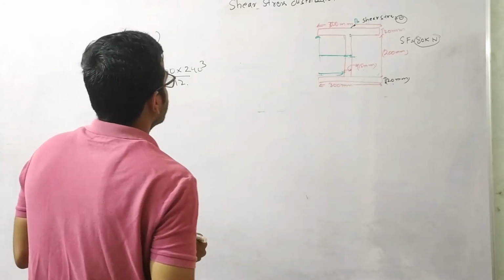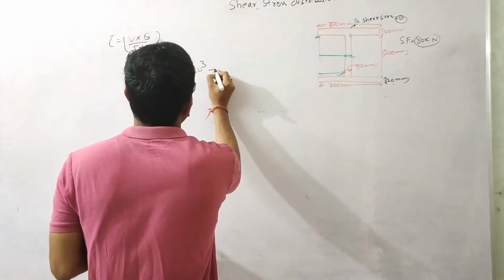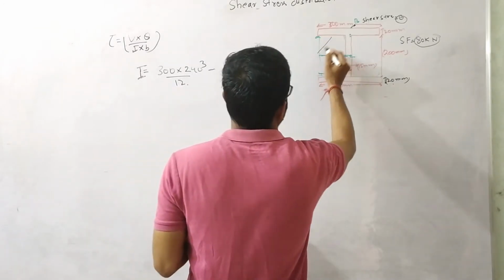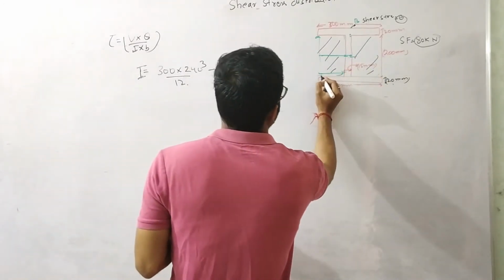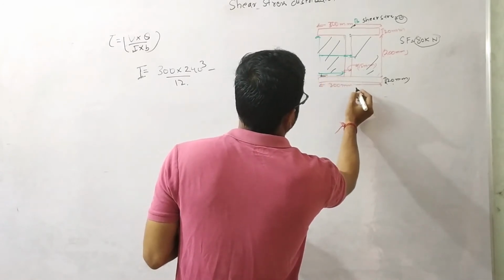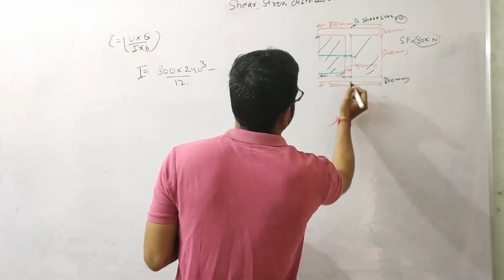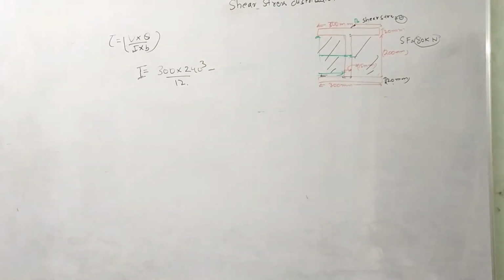Then I will subtract this portion, because it is not there. And this length is 300 minus 15, divided by 2.